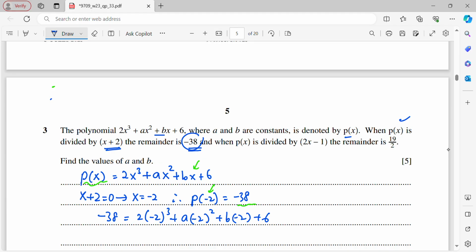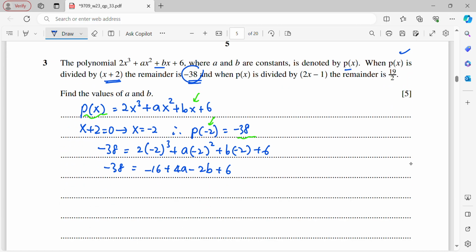Then when you simplify, you get negative 38 equals minus 16 plus 4a minus 2b plus 6. Therefore, from here, I will get 4a minus 2b, by moving all the constants from the right side to the left side, equals negative 28. And now I notice that all of this can be divided by 2. So therefore, 2a minus b equals minus 14. This is my first equation.